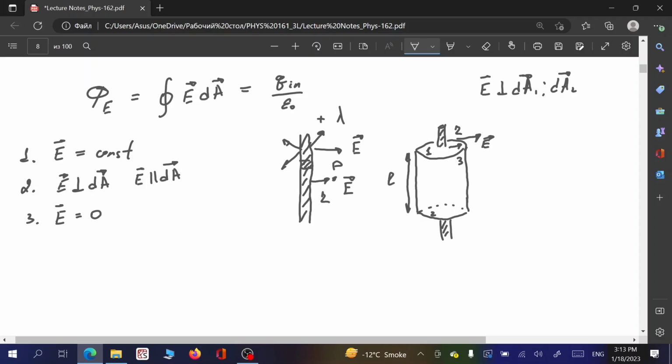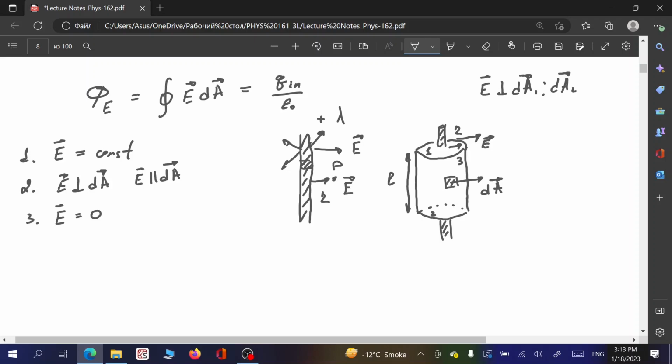And here we can consider just a small element of its surface. This is the dA vector.